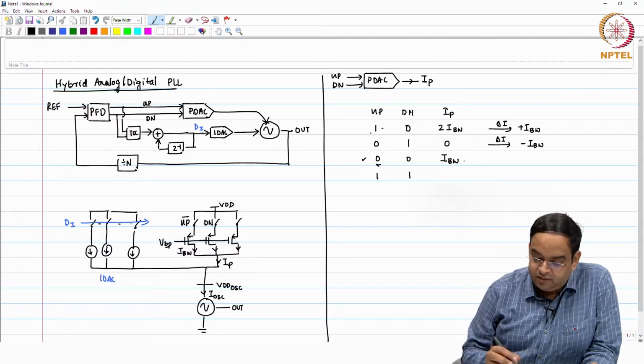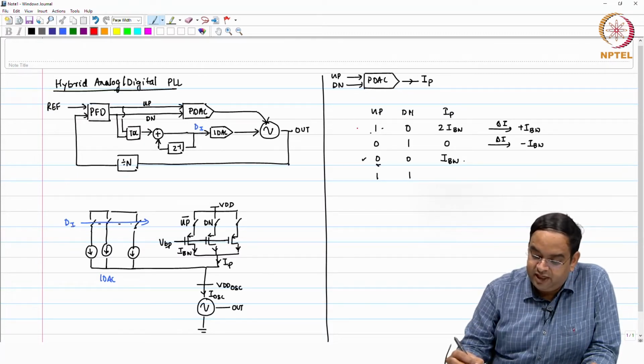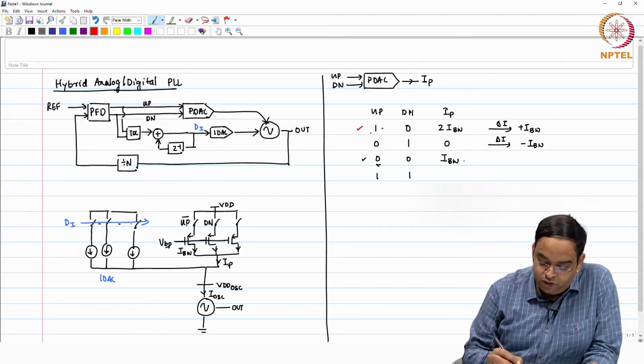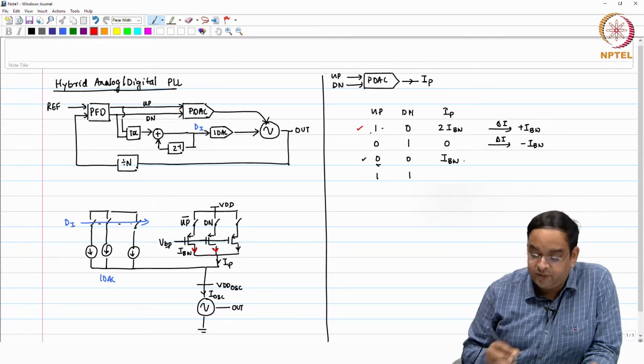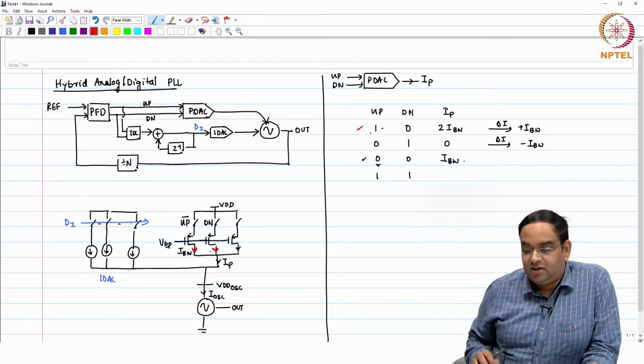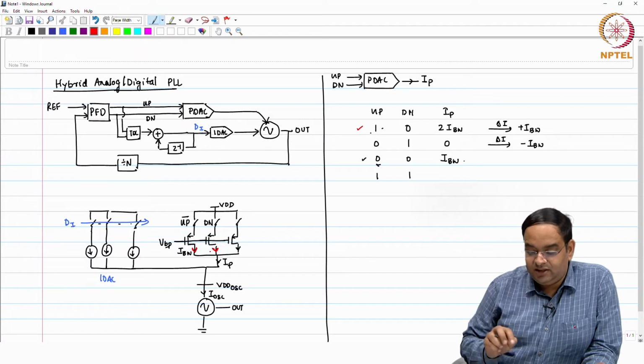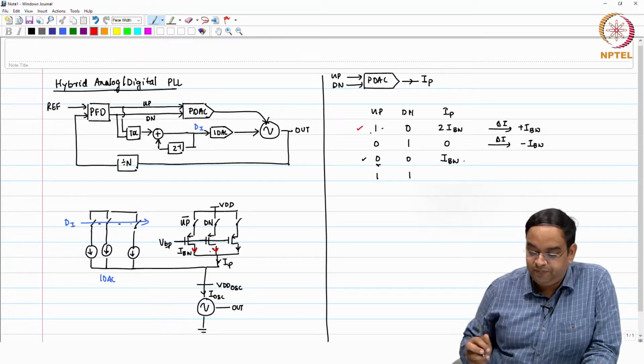So, the thing which we have so far confirmed is, when up is high and down is 0, you get I bandwidth here and there is no current in this branch. Whereas, when up is 0, there is no current in this branch and there is no current in this branch either. So, the total current you are getting is I bandwidth plus 0.